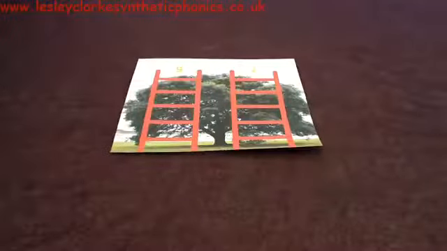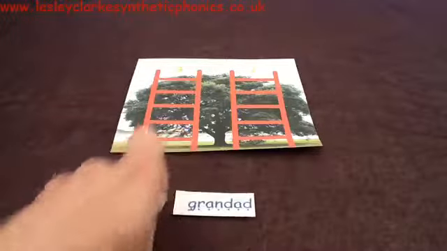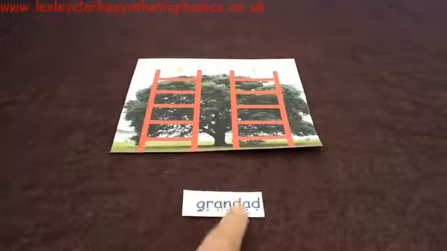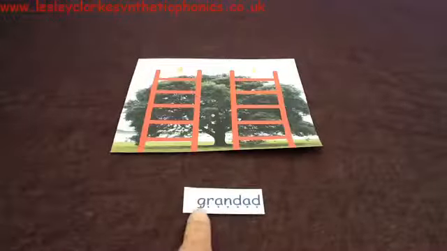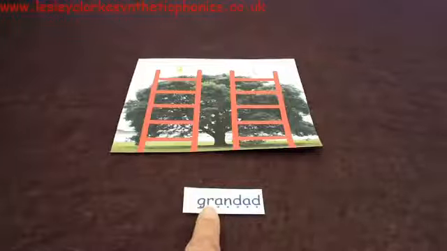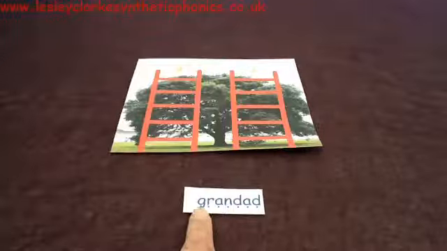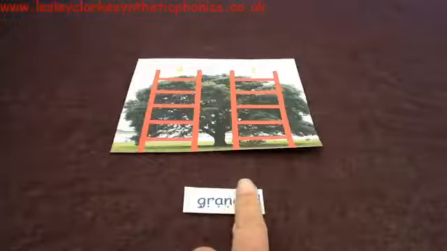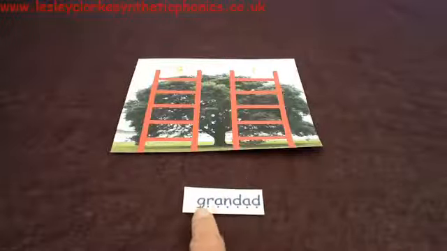So let's look at the first word that's going to go onto a ladder. Let's sing the first part of our little song so that we can work out what sound this letter is going to make. G says J before E-I-Y. Well, we haven't got E, I or Y, so it won't make J, it will just be G. So you have a go at sounding this word out, because it's quite a long one. I think we need to split it up, so you have a try.